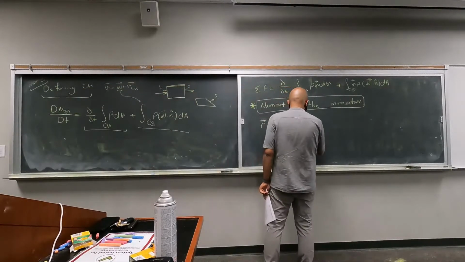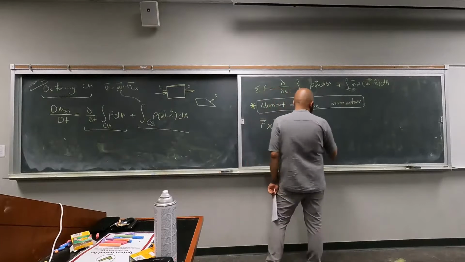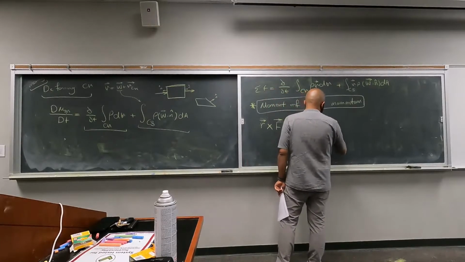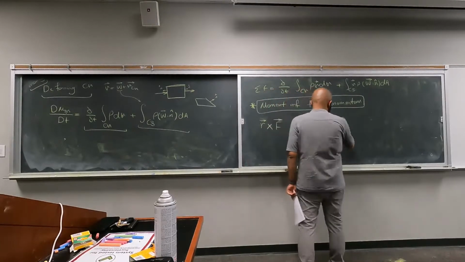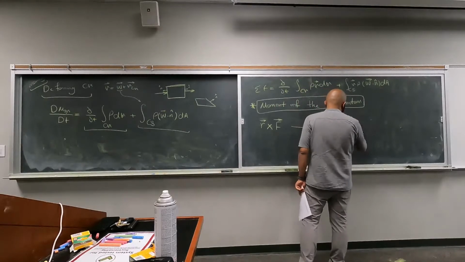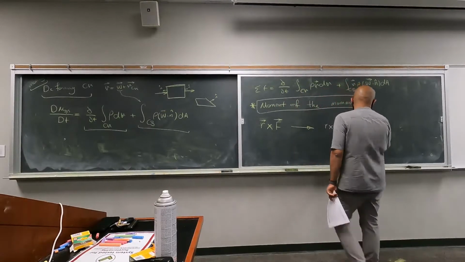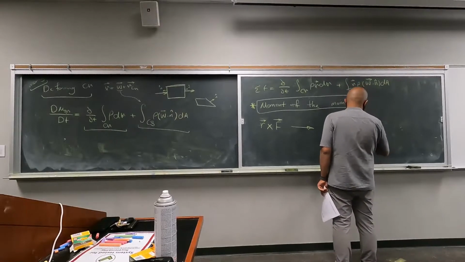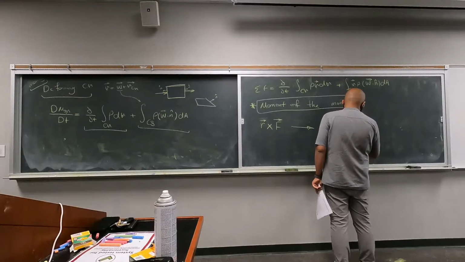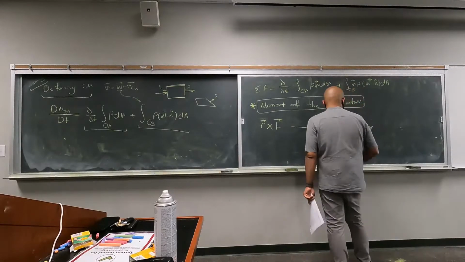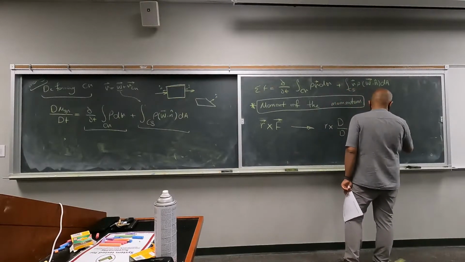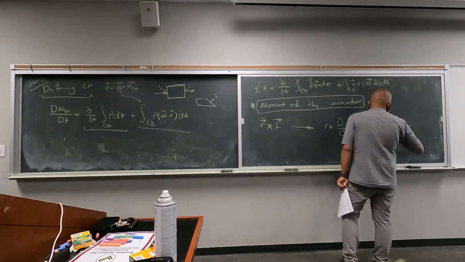Which means that for your Reynolds transport theorem, you want to take the cross product of d/dt integral of rho v dV. That was for the system. And that has to equal R cross sigma F, right?